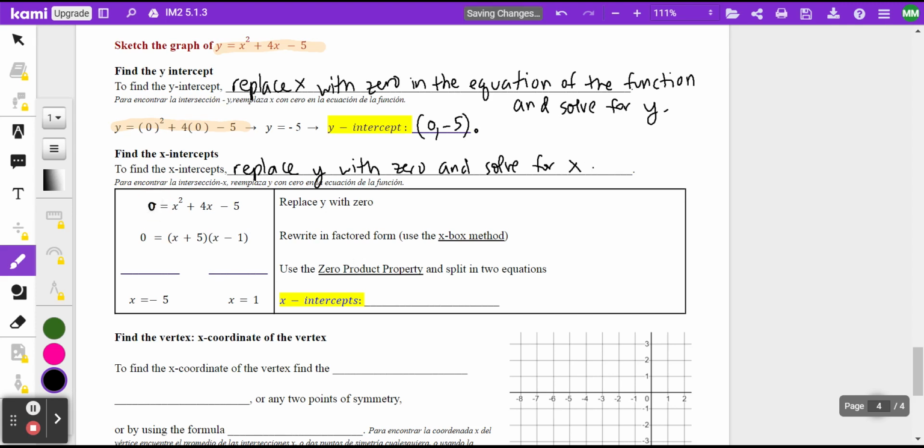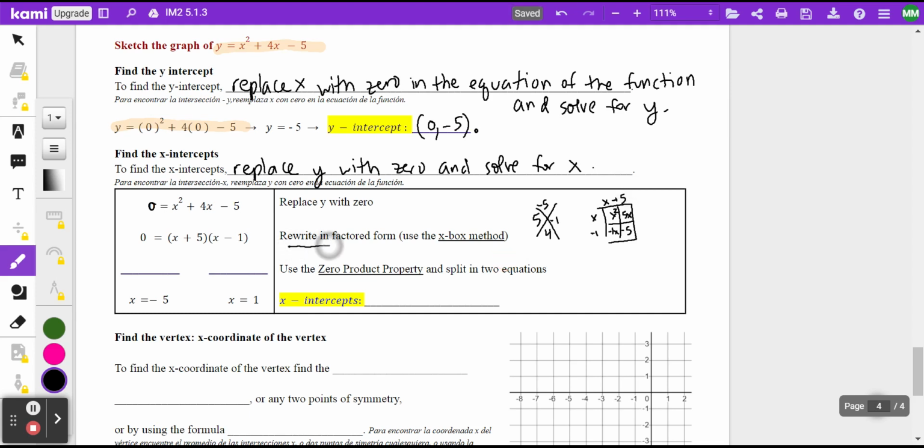Then we factor it. Now, I didn't show that, but let's do it right on the side. It's got x squared, negative 5. You may see this is the same problem as the one we did before. 5x, negative 1x, x minus 1, x plus 5.